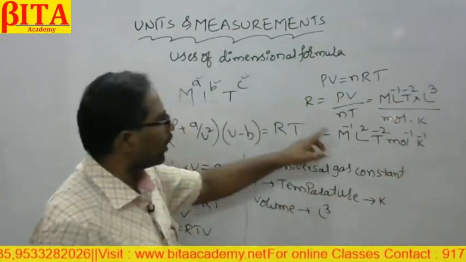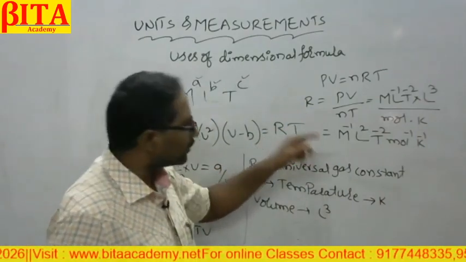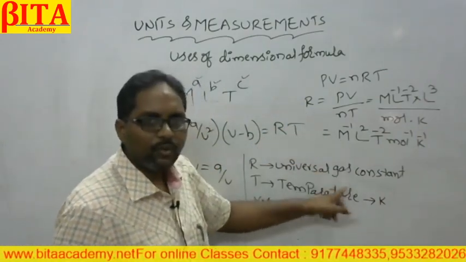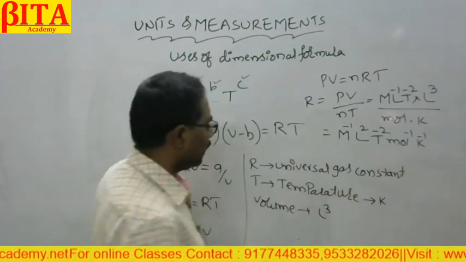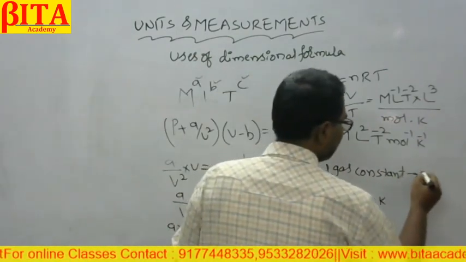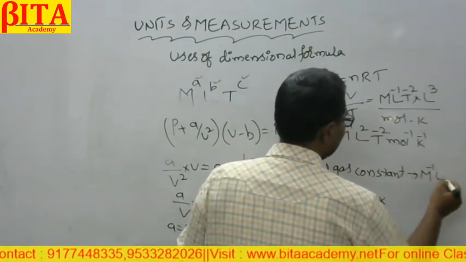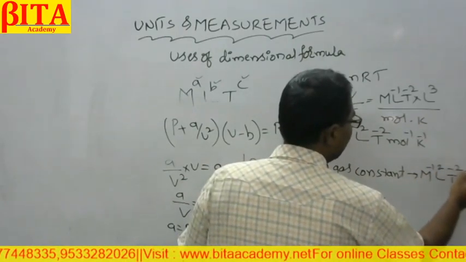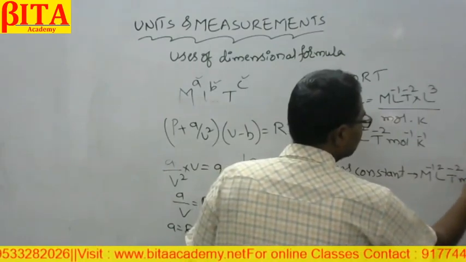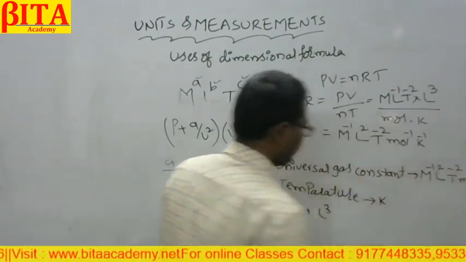This is the dimensional formula of the universal gas constant. So let us write that dimensional formula here. The universal gas constant is M^-1 L^2 T^-2 mole^-1 Kelvin^-1.